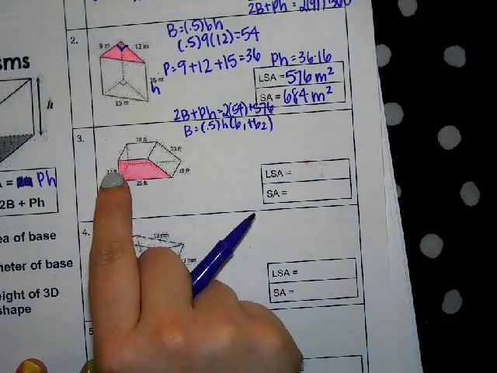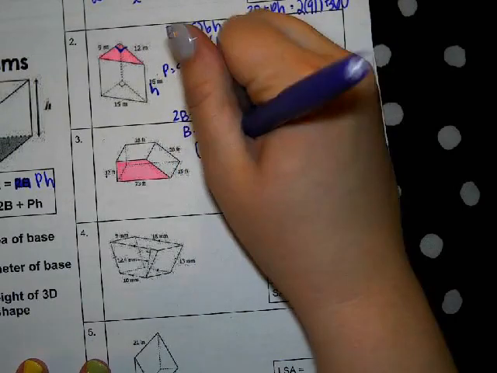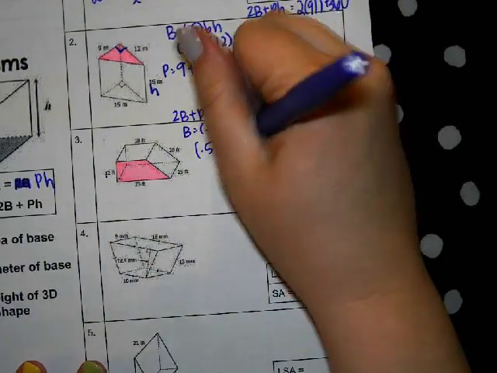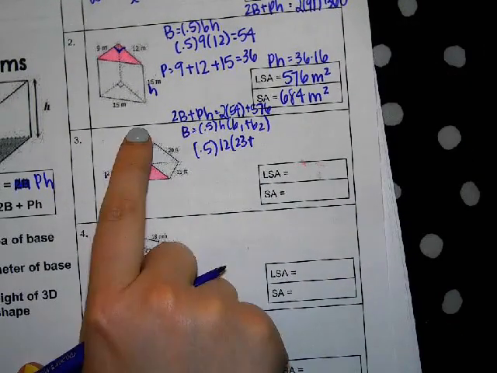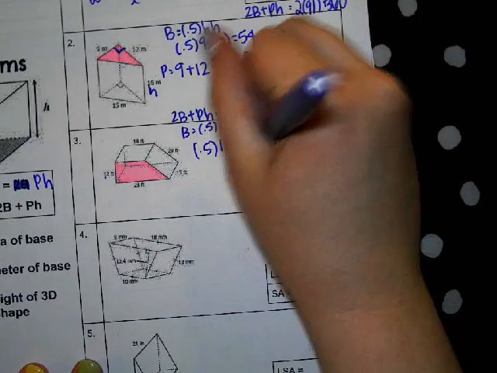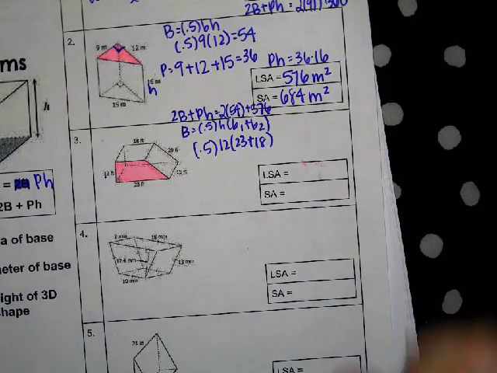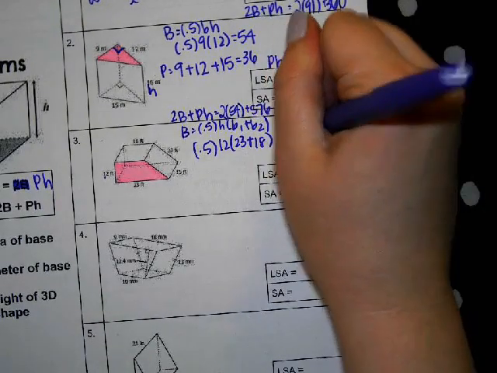That's 12. And then my bases, I've got 23 on the bottom. And then I need to figure out this top base. Well, luckily on the opposite side of it, it's 18, and I know those 2 sides have to be the same because they're parallel. If I were to plug all of this into my calculator, that gives me 246.